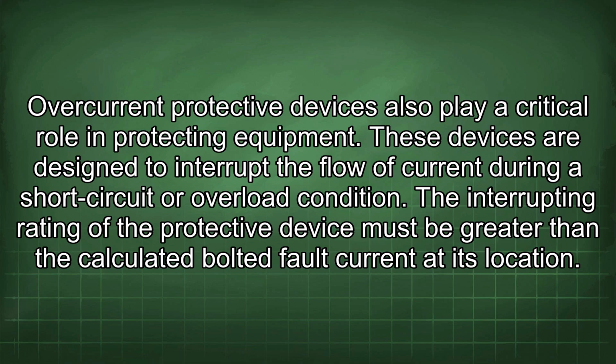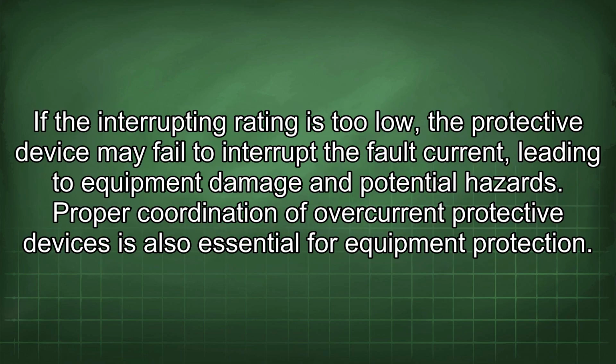Overcurrent protective devices also play a critical role in protecting equipment. These devices are designed to interrupt the flow of current during a short circuit or overload condition. The interrupting rating of the protective device must be greater than the calculated bolted fault current at its location. If the interrupting rating is too low, the protective device may fail to interrupt the fault current, leading to equipment damage and potential hazards.